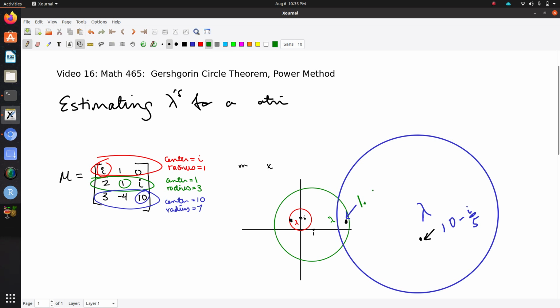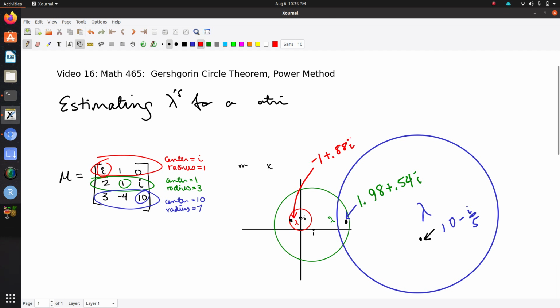This is about 1.98 plus about 0.54I, and then the red one is about, let's say, -1 plus 0.88I.